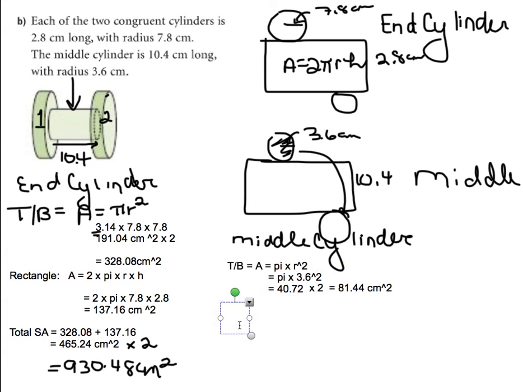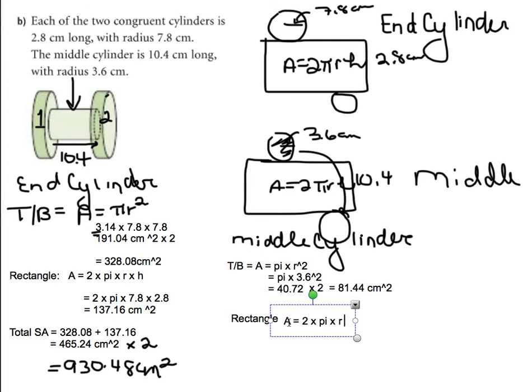So now let's do the rectangle in the middle. That again has an area formula of 2 pi rh. So I'm going to just switch back. So area is equal to 2 times pi times r times h.